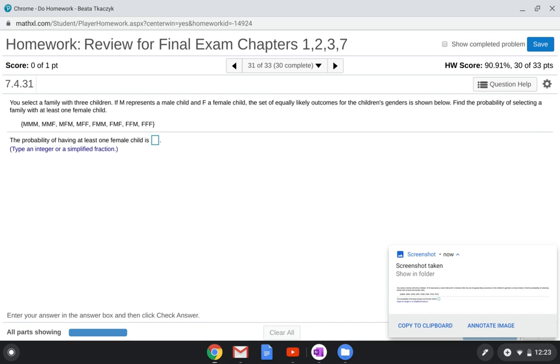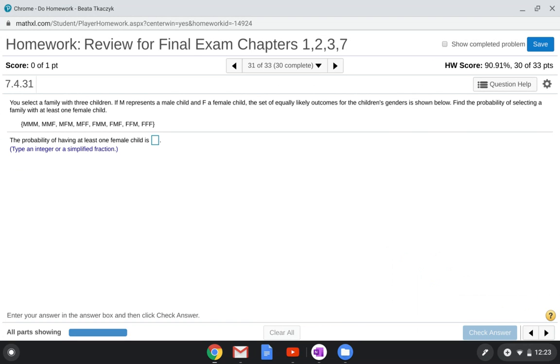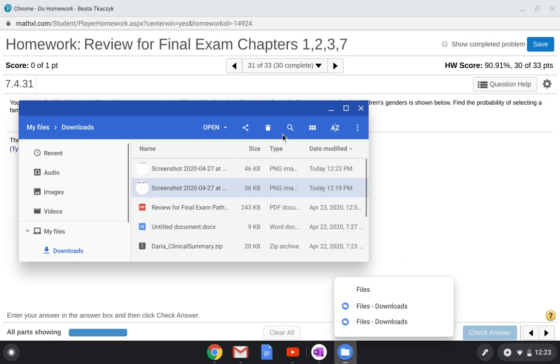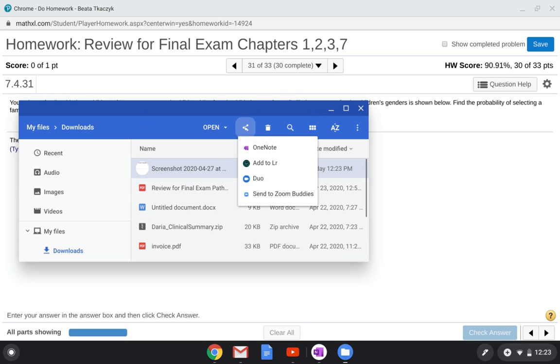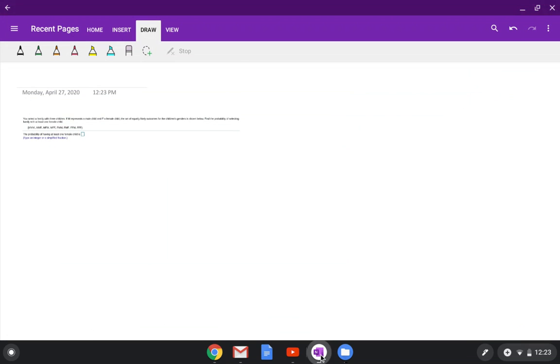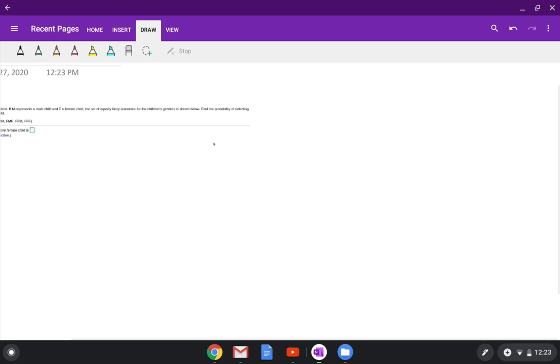Let me remove this one. Oh my God, I don't know why it's so small.